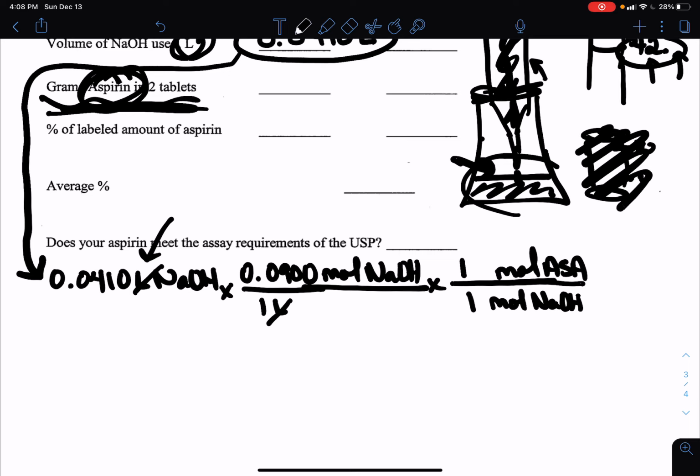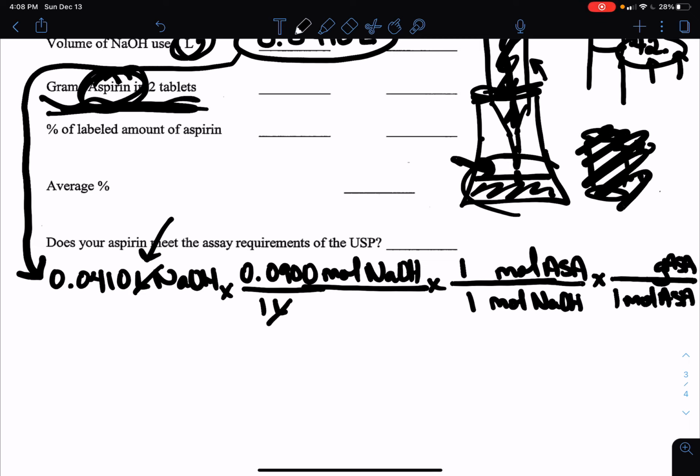Now I'm in moles of acetylsalicylic acid, and you know how to go moles to grams and grams to moles, so let's do that. Whenever we have moles to grams or grams to moles, that conversion factor is called a molar mass. So for every 1 mole of acetylsalicylic acid, we want to know how many grams of acetylsalicylic acid I have.